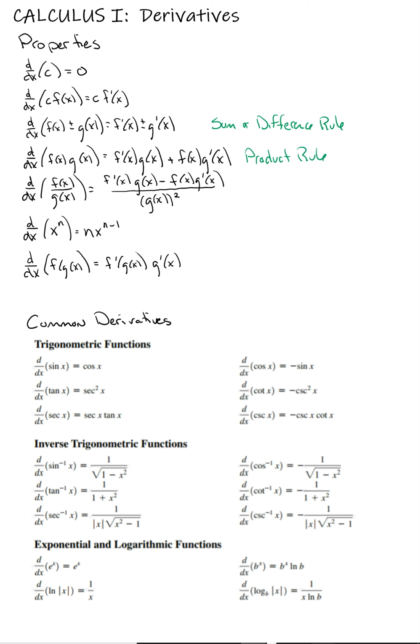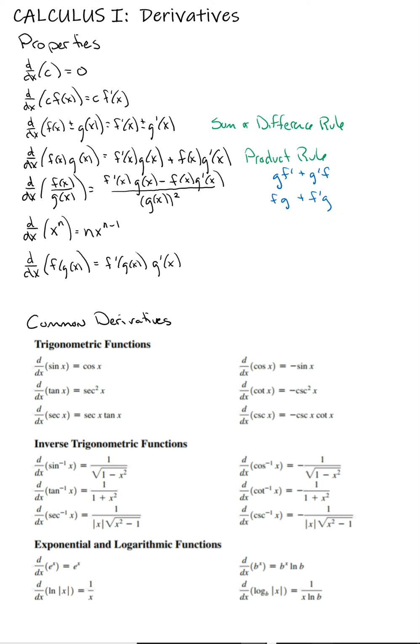But because addition and multiplication are both commutative, I could have written this as gf prime plus g prime f, or we could write it as f g prime plus f prime g.